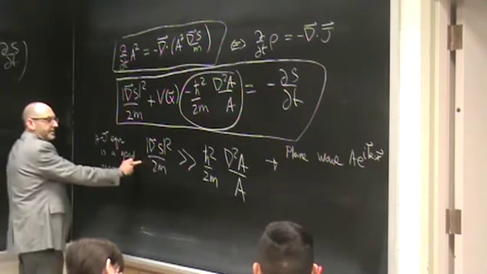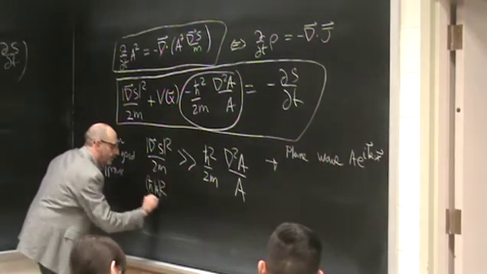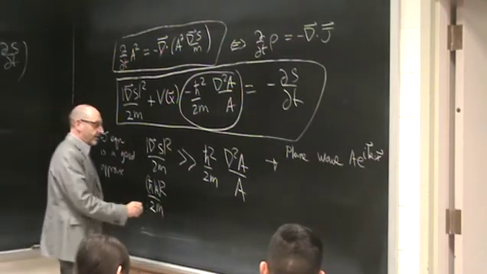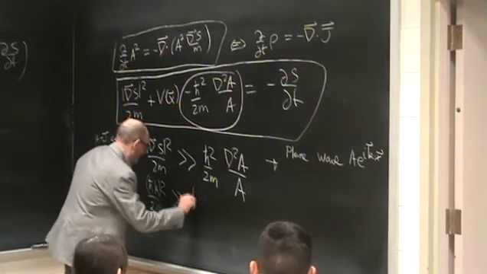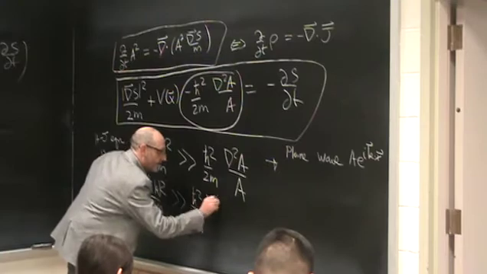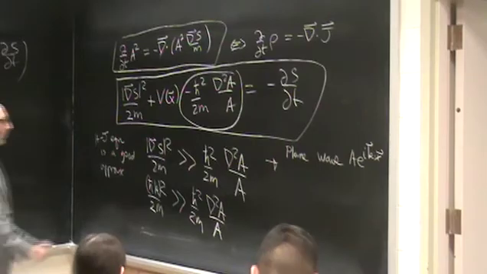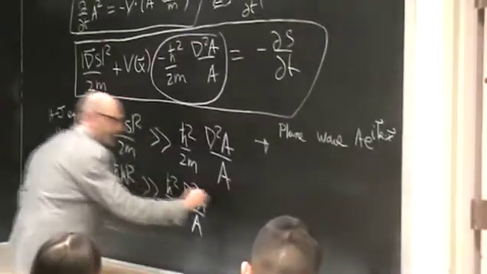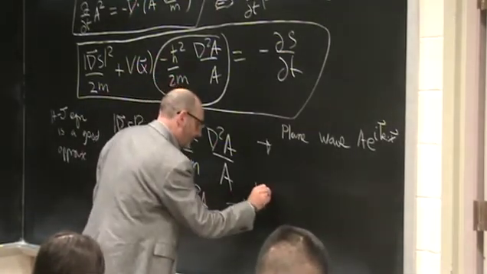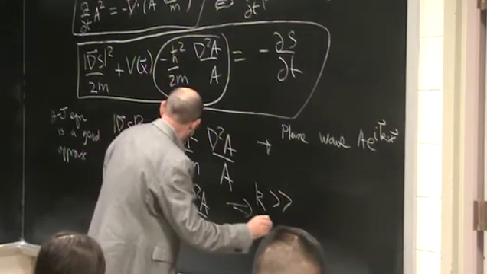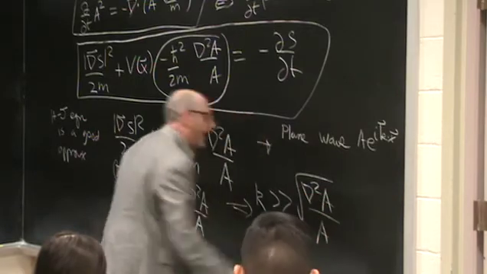So this approximation is saying that h bar squared k squared over 2m is much, much bigger than h bar squared over 2m times the second derivative of the amplitude. Or just getting rid of all that, k squared is much, much bigger than that term.